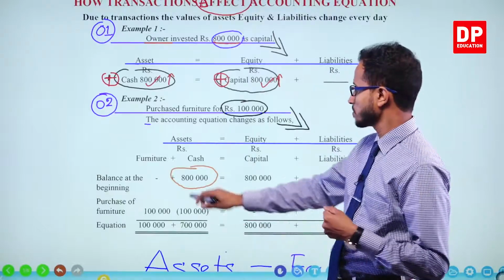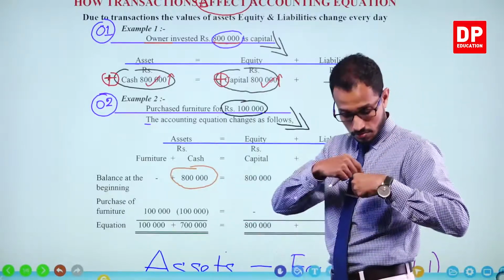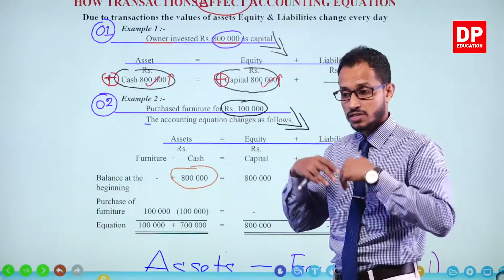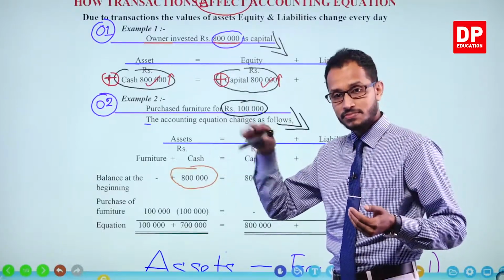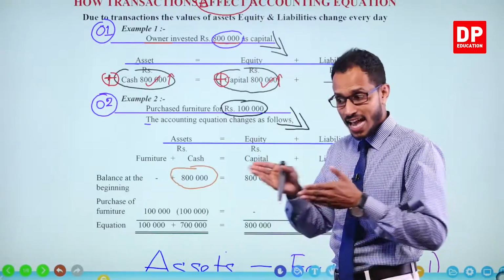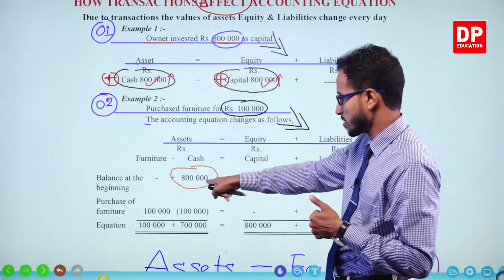It is already here, 800,000 cash, the money which I invested. Okay, nobody has stolen it. Nobody has taken the money home. It's already remaining in the cash till of the business, 800,000.